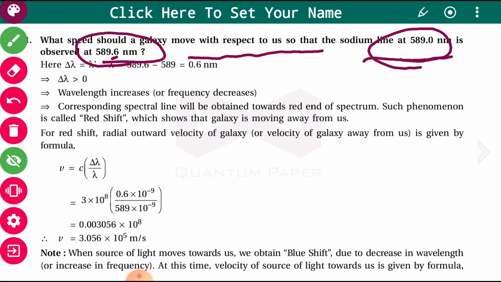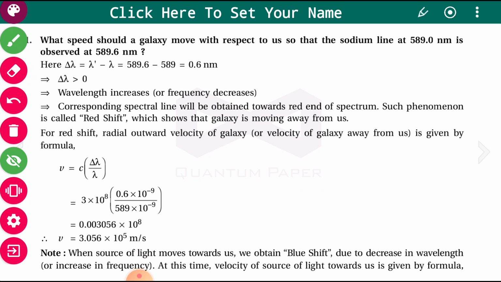So delta lambda, change in the wavelength or shift in the wavelength, is easily found here. Lambda prime minus lambda, final wavelength minus initial, that is 0.6 nanometer.